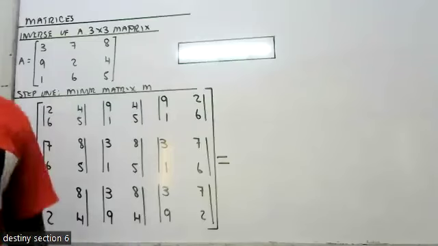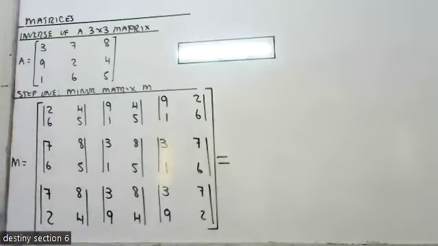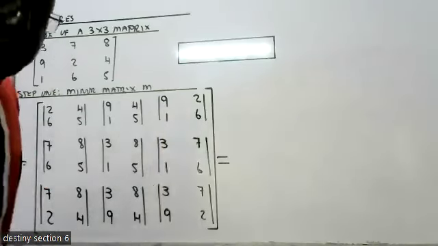And as you know how to get the determinant, you get the elements which are there, you multiply and subtract.